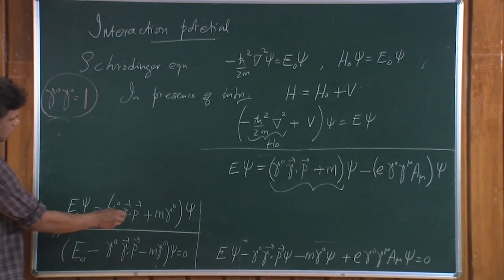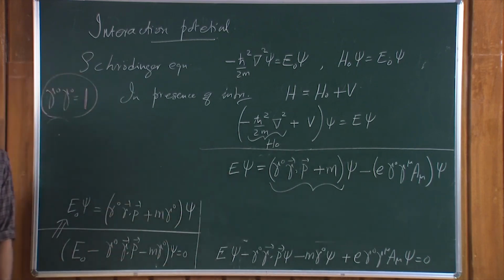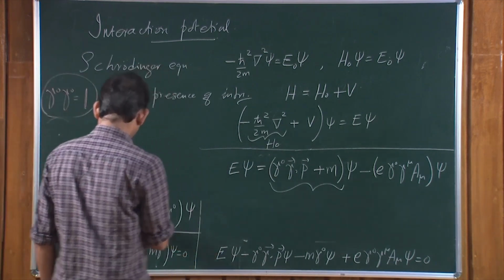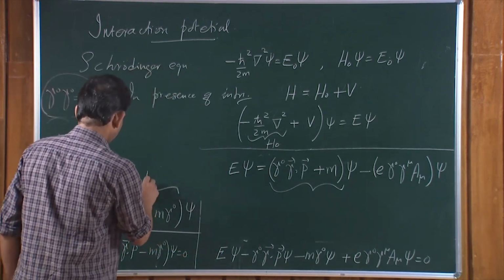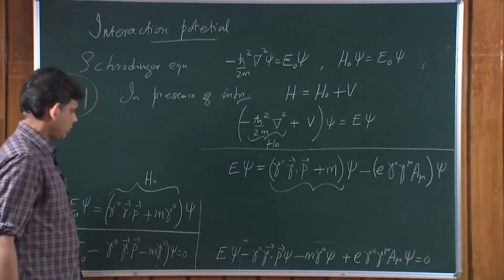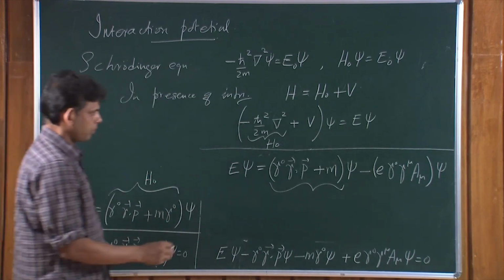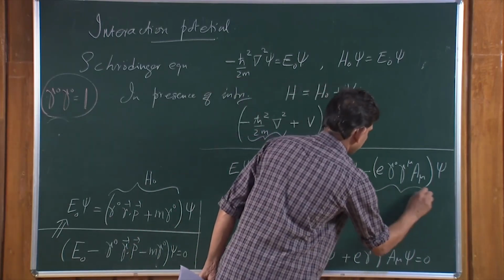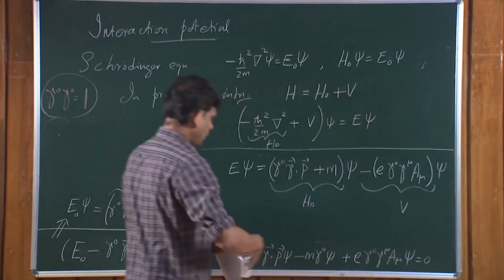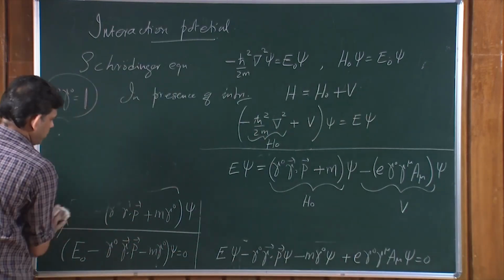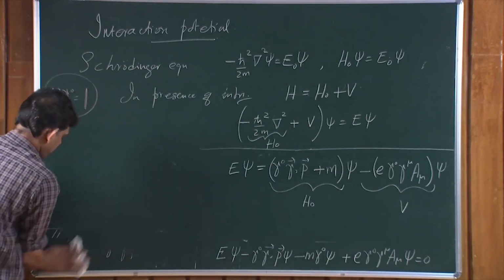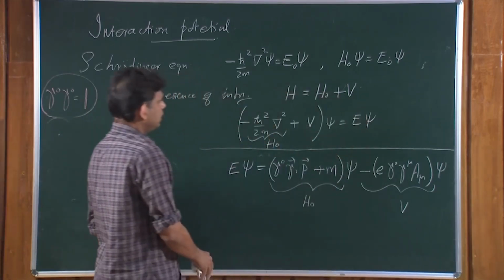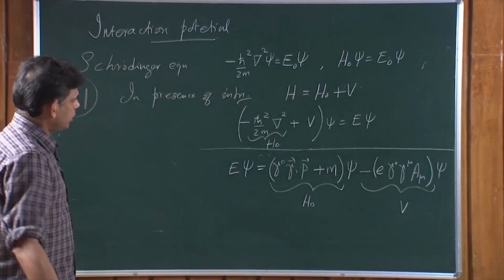Now, let us compare this and this. You will see that this is nothing but the H naught, the one which corresponds to H naught, and this is basically the V. Let me rub off everything else so that we can clearly see the Schrodinger equation.